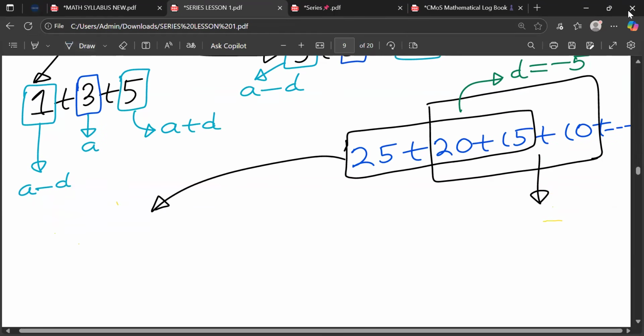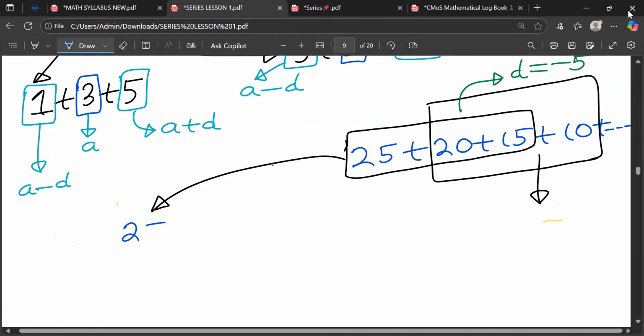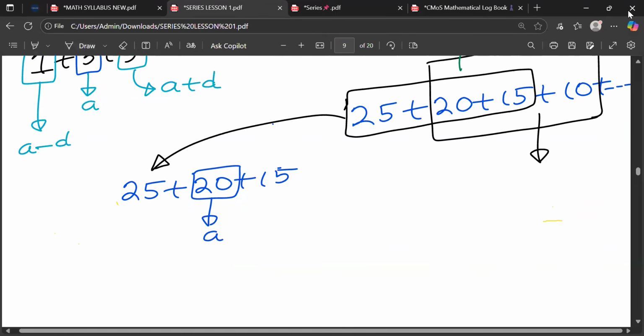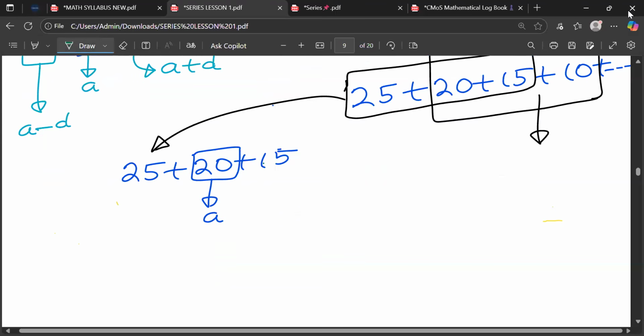Then when you come to this one that was extracted out, it is 25, 20, 15. So when we get this one in the middle, and we say it is A, I want you to listen. Remember our common difference is negative 5.